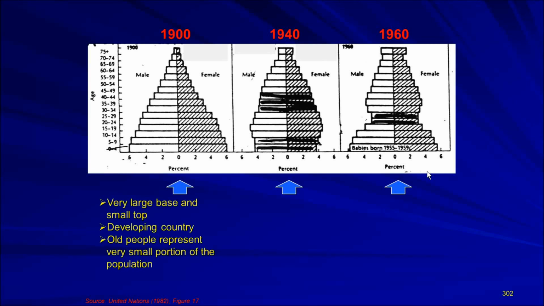So when we look at the first one, we have a very large base, you can see, and so we have a lot of young people, and then toward the top of the pyramid it's much smaller than the base. So we have a lot of people that are dying at a regular rate throughout the years listed here, and this often represents developing countries.